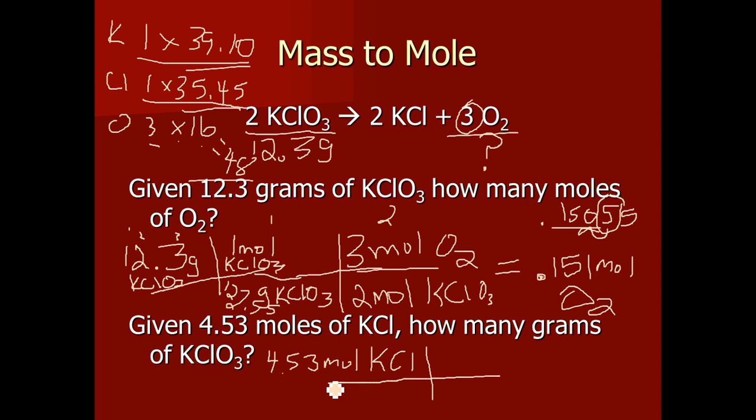We're going to set it up. I have 2 KCl's. I have 2 KClO3s. Well, since I want KClO3, I'm going to put 2 moles of that on the top. I put 2 moles of KCl on the bottom.